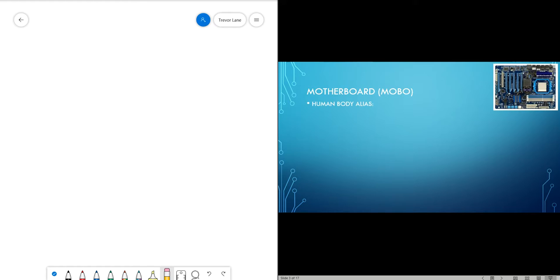Each of these components in the computer that we're going to look at are very analogous to something that we have in our body. So for example, the motherboard, this is very similar to our spine or our central nervous system.